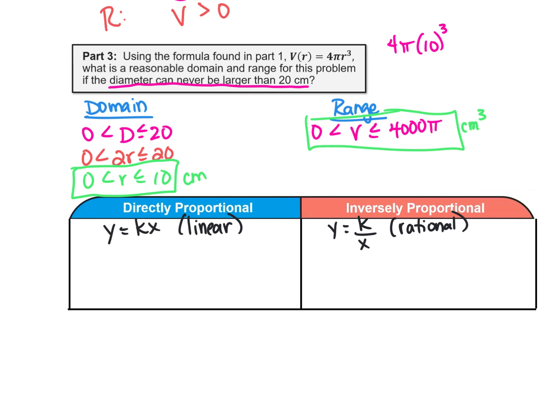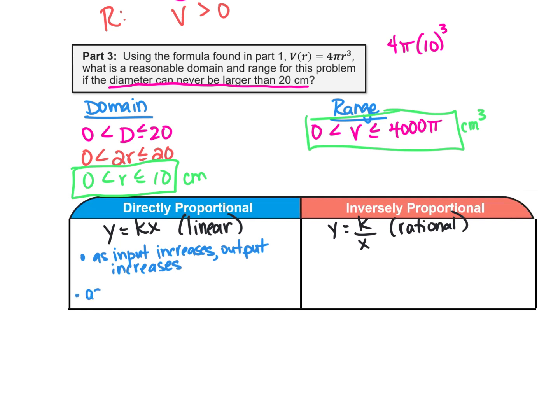And here's why that's important. When we speak of things that are directly proportional, as the input increases, the output increases. Okay, so in other words, as x gets bigger, y gets bigger. Input and output.